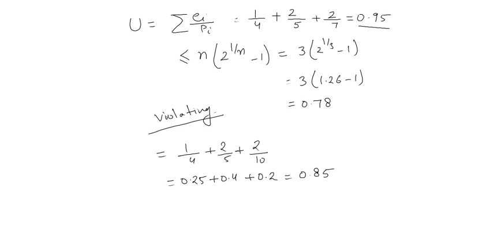The schedulability condition says that this must be less than 0.78, but this is still violating. Okay, this condition is still violating, but I am still able to schedule the tasks. Okay, so this is the sufficient condition.